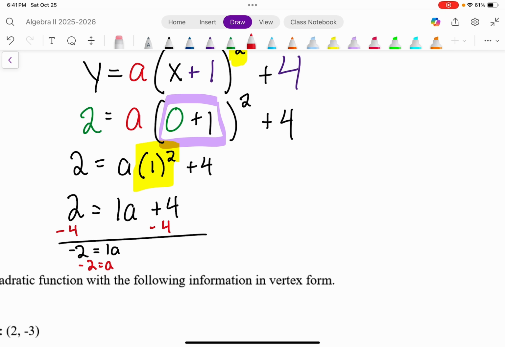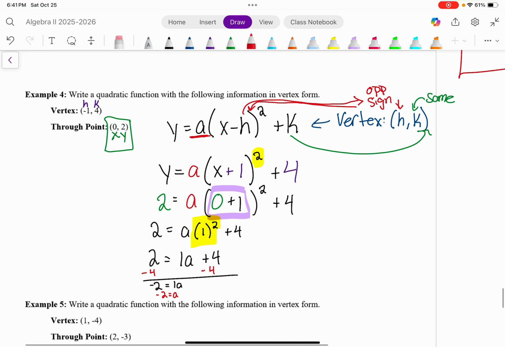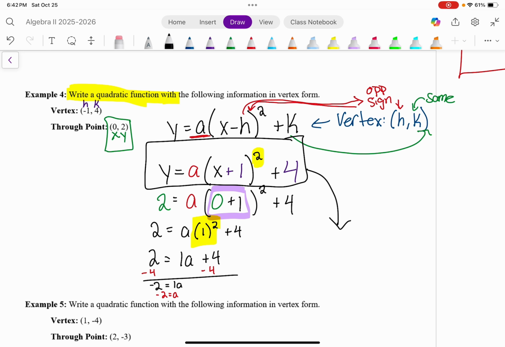Now, finding the a is only part of the question. It is asking us to write an equation or a function. So if you don't write that, that's not done. You're not finished with the problem. So your final equation is going to be what we wrote here, but instead of a, you're going to replace it with what we know a is. So we'll have y equals -2 times x plus 1 squared plus 4.